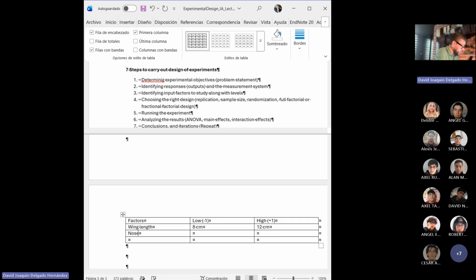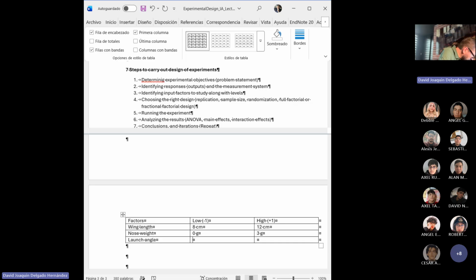Now the nose weight, first it will be 0 grams and then 3 grams. This is the second factor. And finally, the third factor is related to the launch angle.